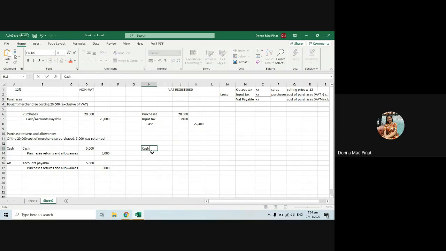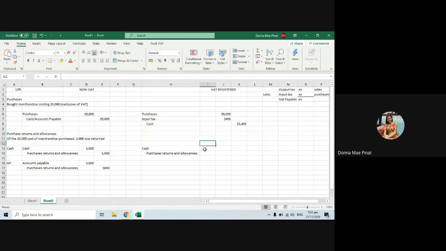So, cash. Of course, purchases and allowances. Then you take out the input tax, so you credit it.